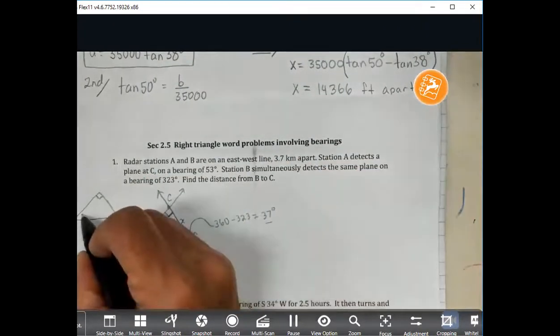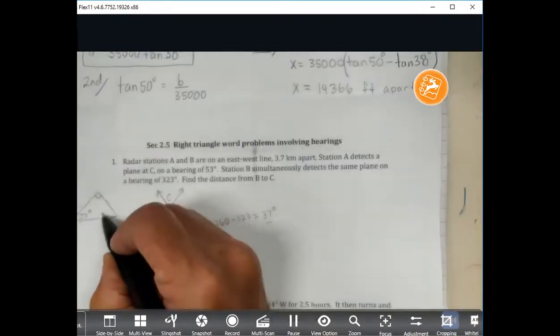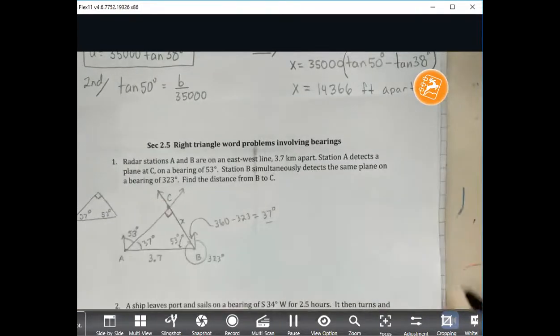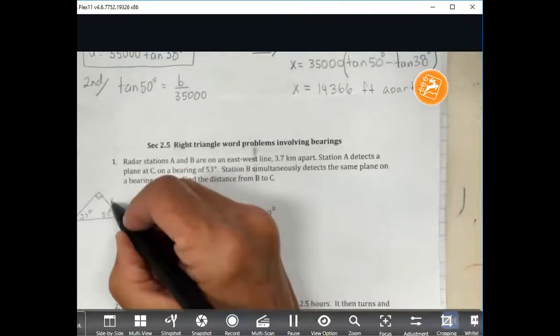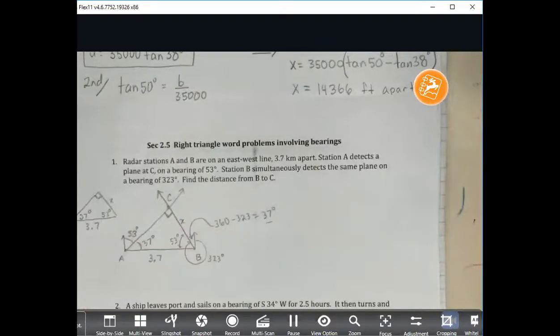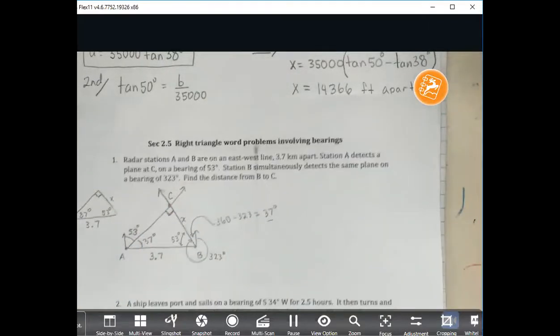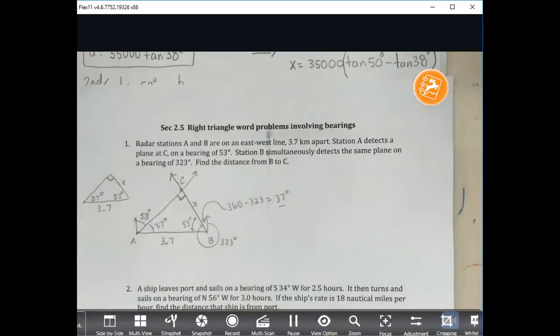We have 37 degrees here, we have 53 degrees here, we have X here, and we have 3.7 here. So looking at that little triangle that I drew in the margin, this time we will need a trig function because I don't know anything about that other leg.